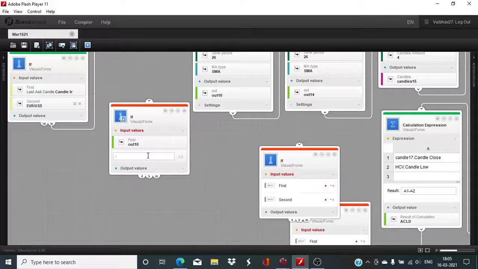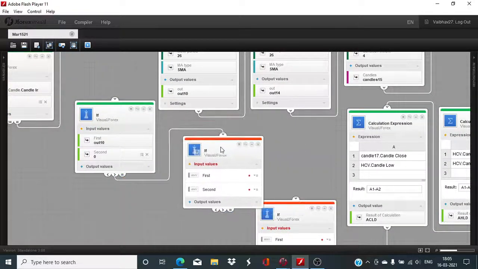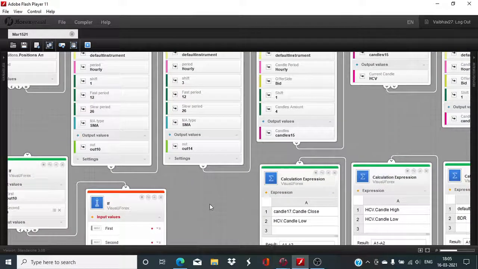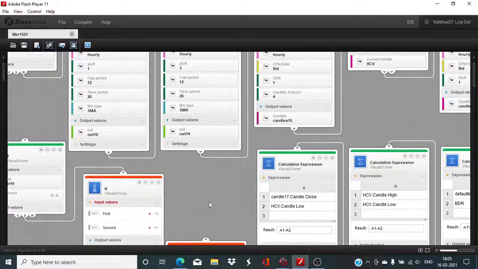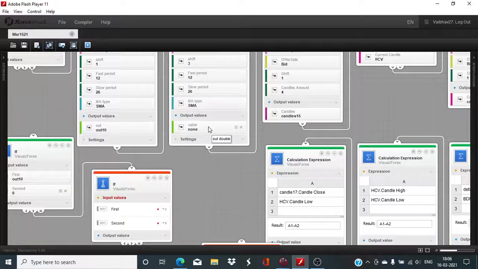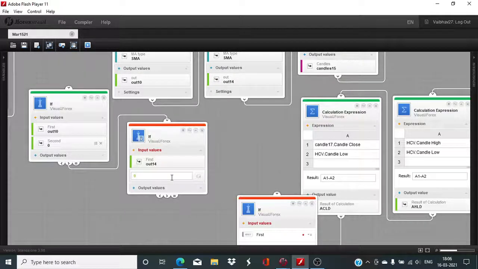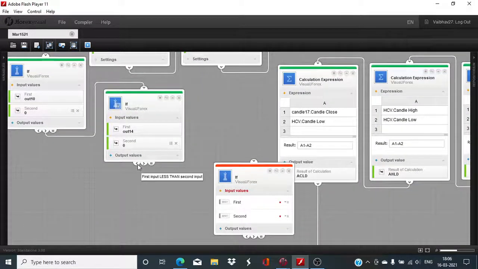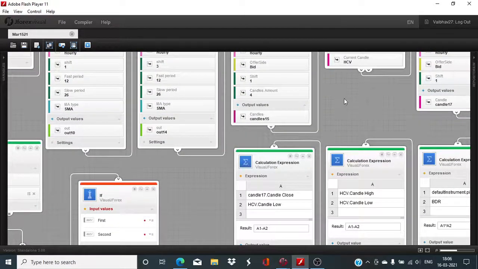Okay, it will be first input greater than second input, whereas the APO value for the third candle from the present should be below 0. So this time first input less than second input. All right.